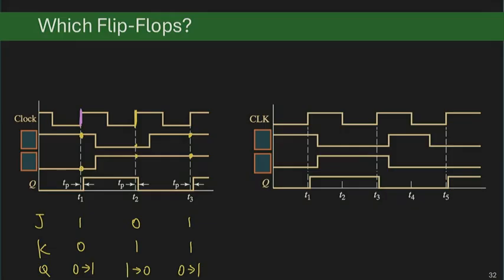Hamza, any questions? I see. You're just tracking those signals. With those dotted lines, it's pretty easy to see what the input values are.